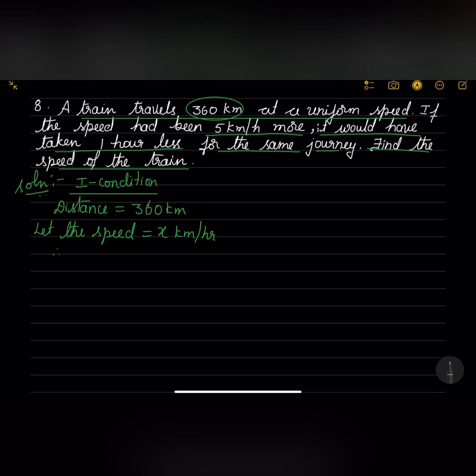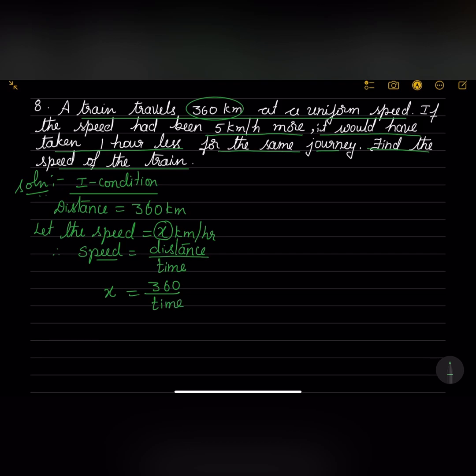Therefore, if you write down the formula for the speed, it is speed is equal to distance by time, which you have already studied in physics. Now, let us substitute the values. Speed is x kilometers per hour, equal to distance, 360 kilometers, divided by time.